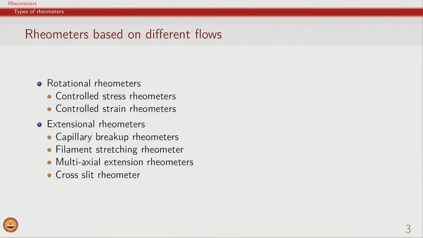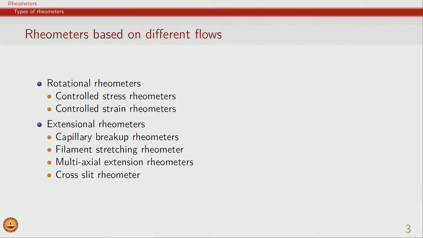It is possible also to do multiaxial stretching, where you stretch in more than one direction. One example of multiaxial stretching we saw can be done using a rotational rheometer by doing lubricated squeeze flow.